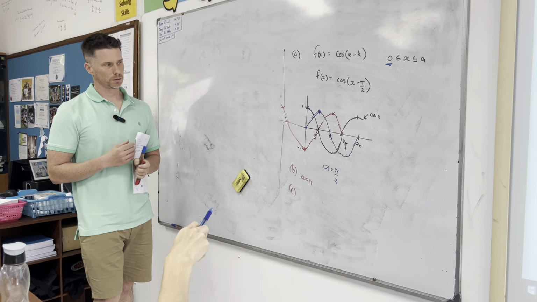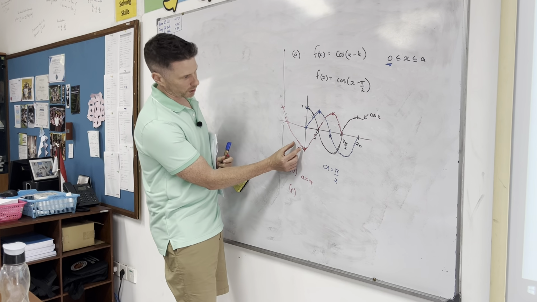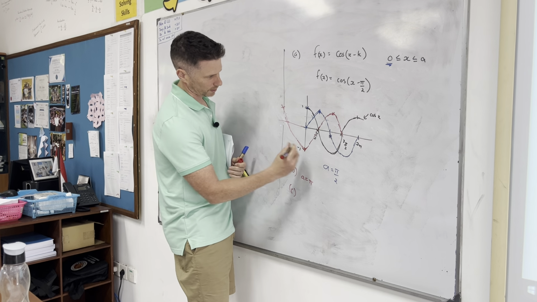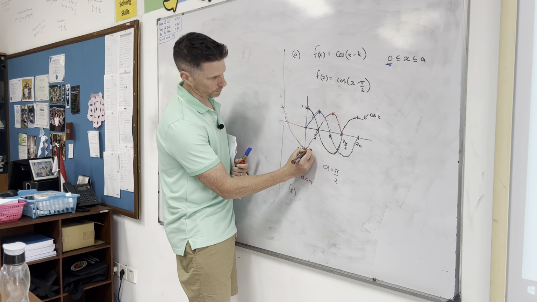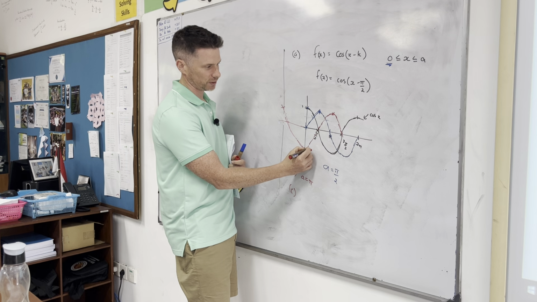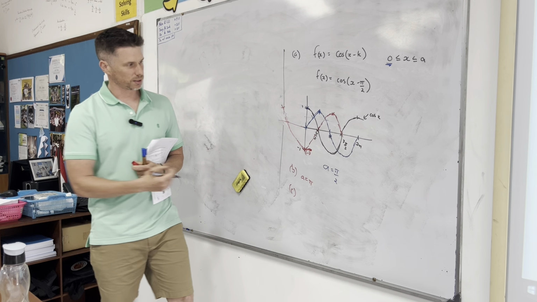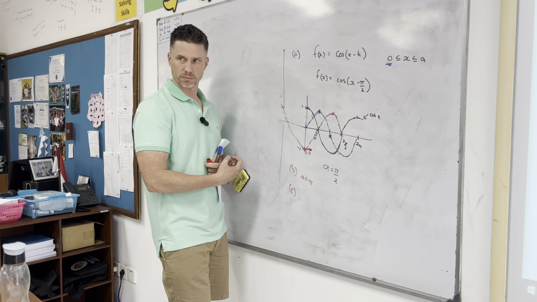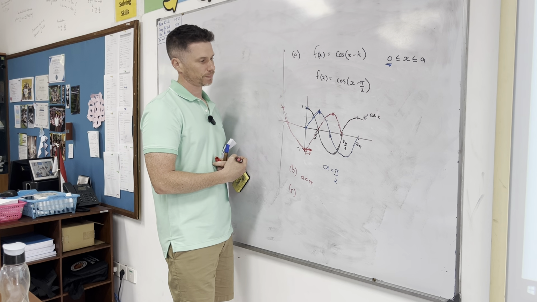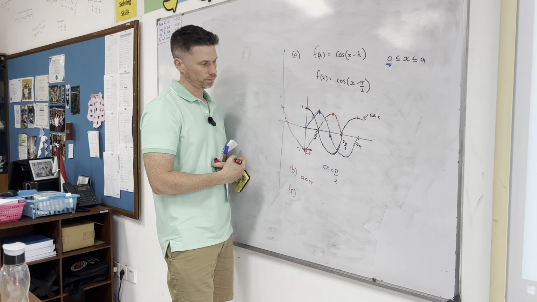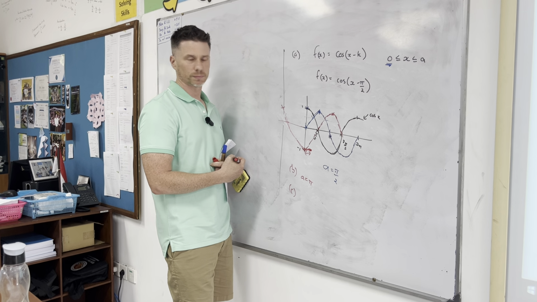At exactly pi is the minimum point at the bottom. If this bit moves over a little bit, then starting at 0, you only have this far to work with, from the minimum to the maximum. As this bit comes over, it fails the line test at the bottom there.